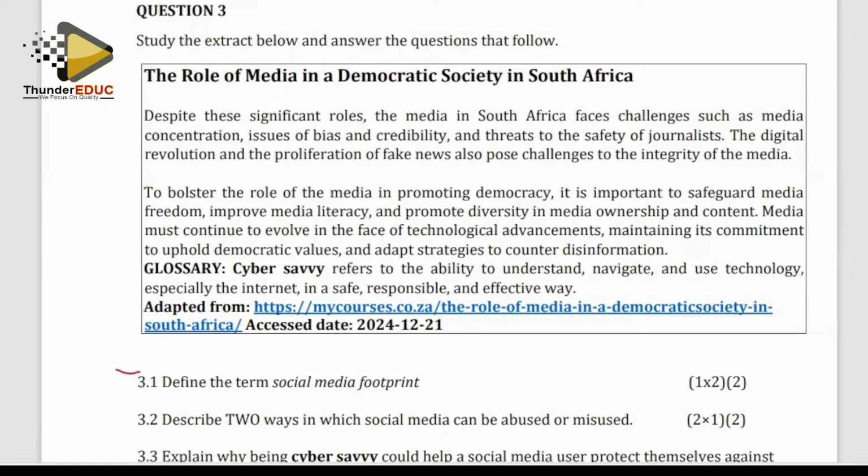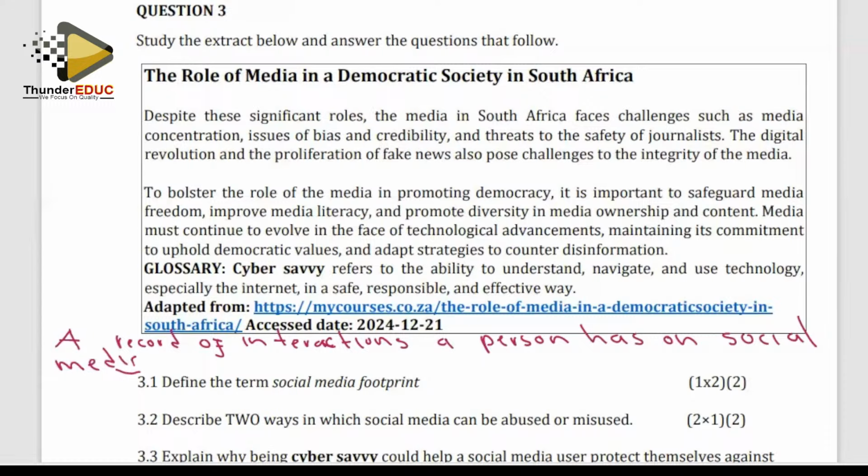This is a record of interactions a person has on social media. So it is a record of interaction which a person has on social media.